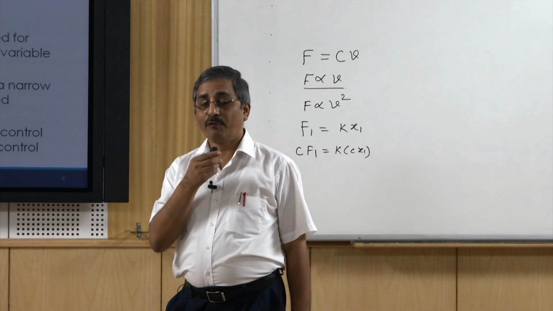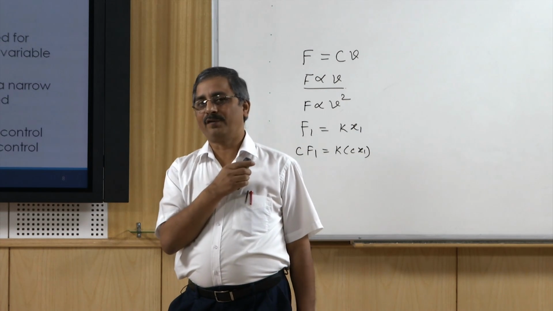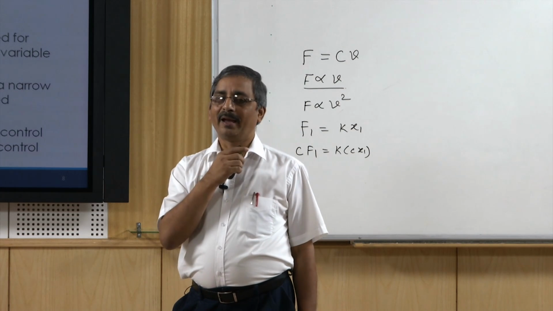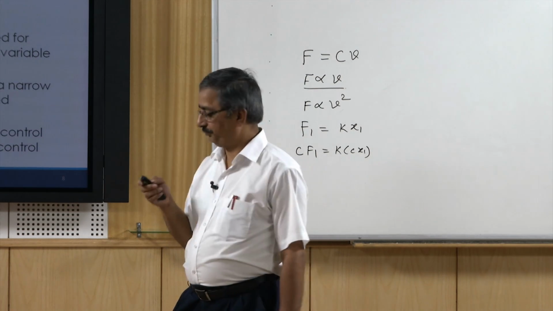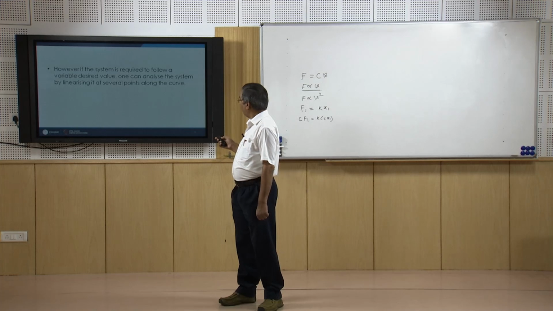This is one of the main reasons for assuming linear behavior of a control system. However, if the system is required to follow a variable desired value, then one can analyze the system by linearizing it at several points along the curve.